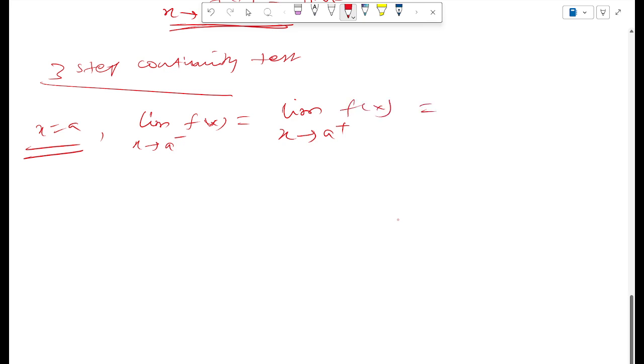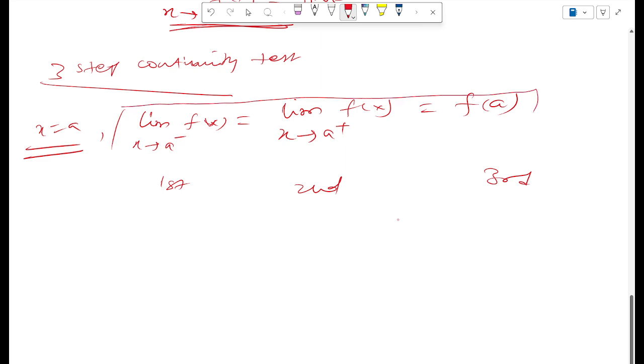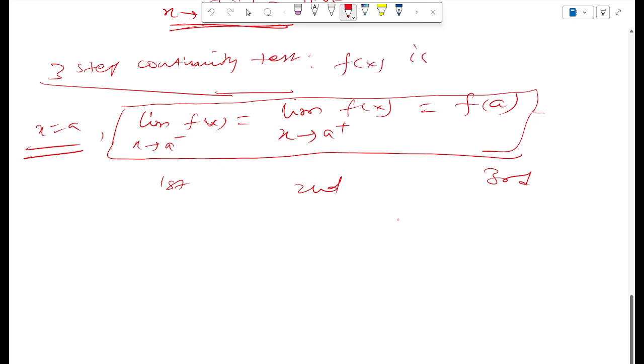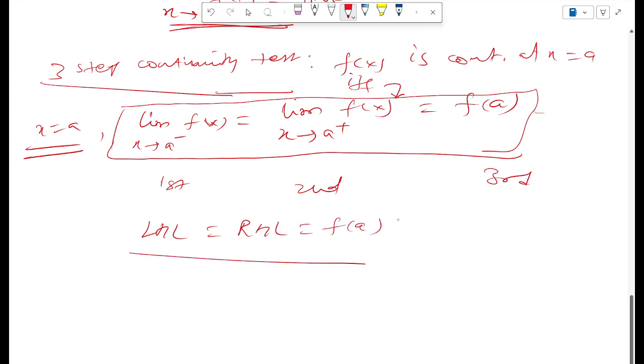This is three steps: first step, second step, and third step. All three should satisfy this condition. Then only can we say that the function is continuous at x equal to a. So if the left hand limit equals the right hand limit, and the function is defined at a and equal to f(a), then we can say that the function is continuous at x equal to a.